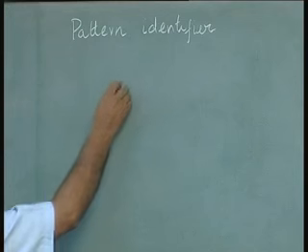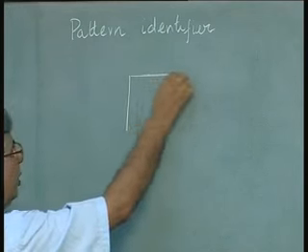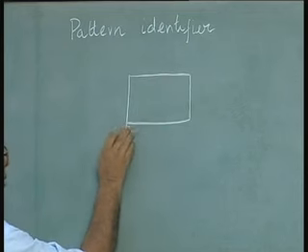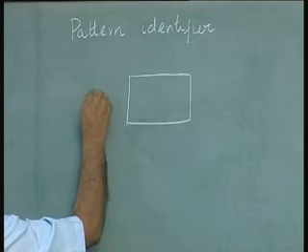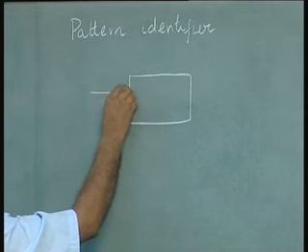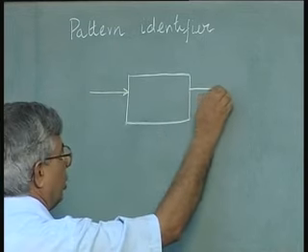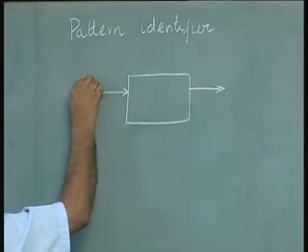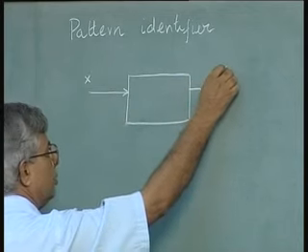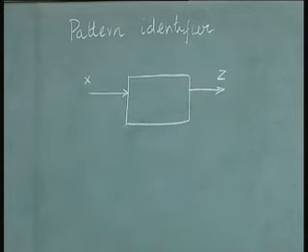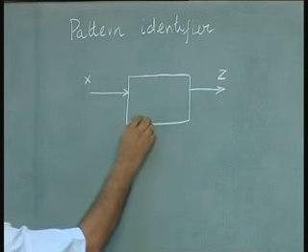Basically, the circuit should consist of a single input, I am making it simple for you, and a single output. I will call the input X, I will call the output Z, and that is the clock.